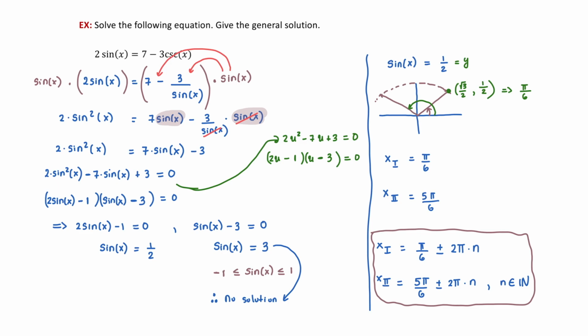Okay, friends, I hope that you found this lesson helpful, and I hope that by now, after having watched the second video on solving trigonometric equations, you feel more confident that you can tackle some of these problems on your own.